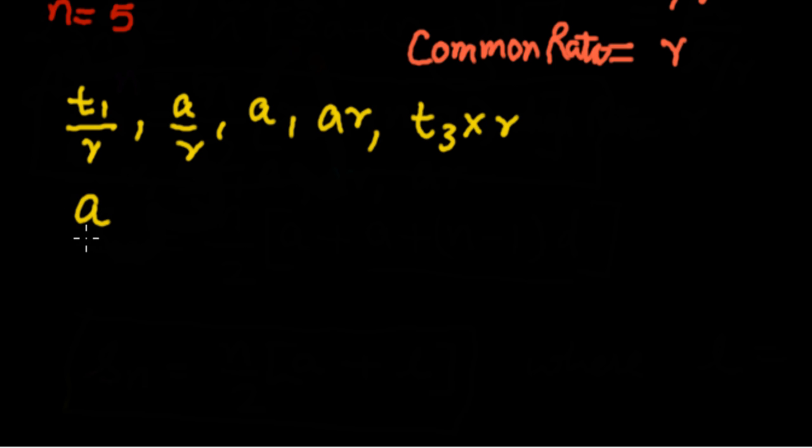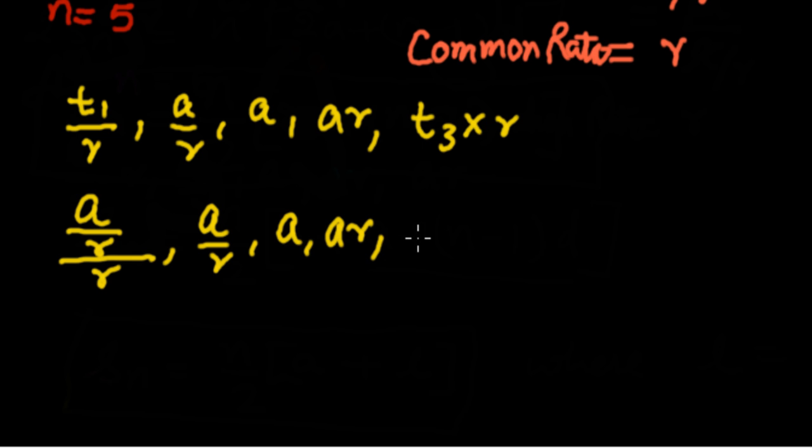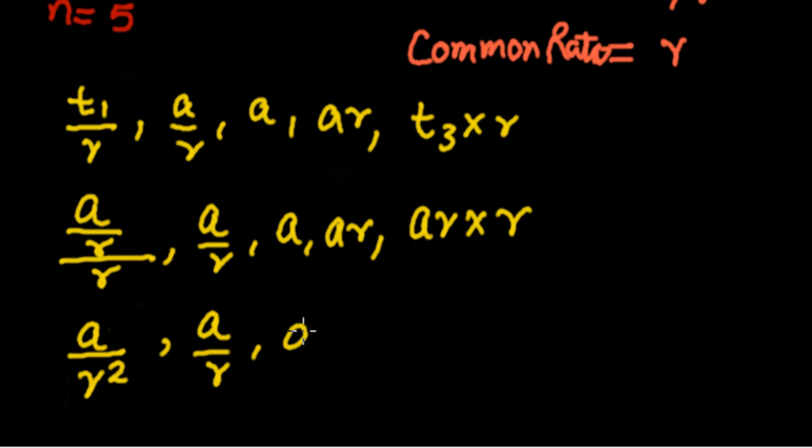So we see what happened. t1 is a upon r and again divided by r. Here a upon r, a, ar, ar into r. So it would be a upon r square, a upon r, a, ar, ar square.